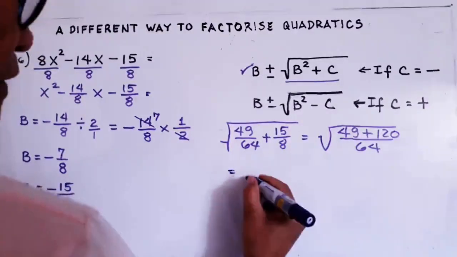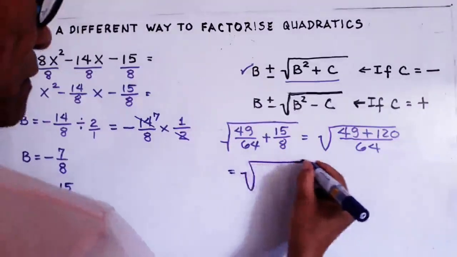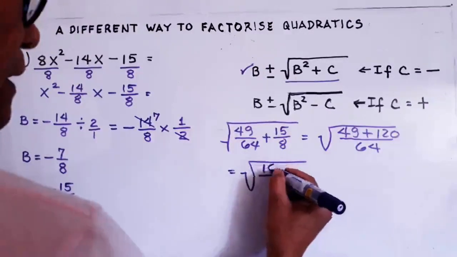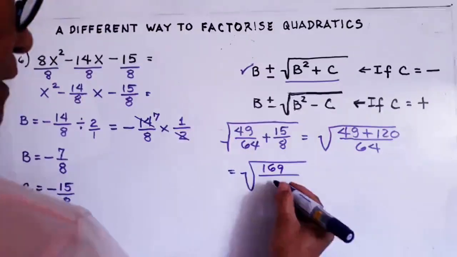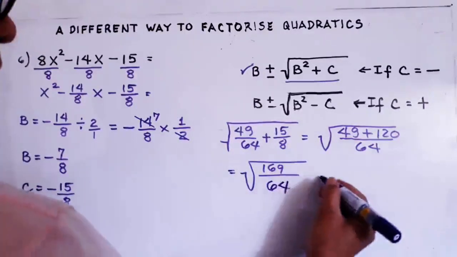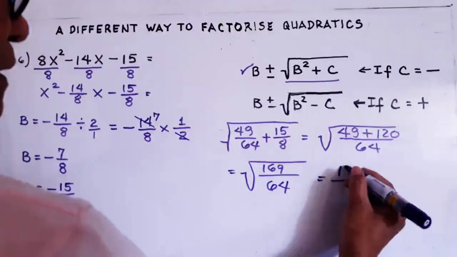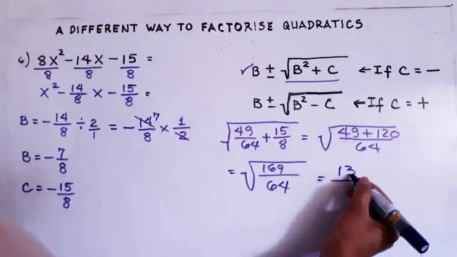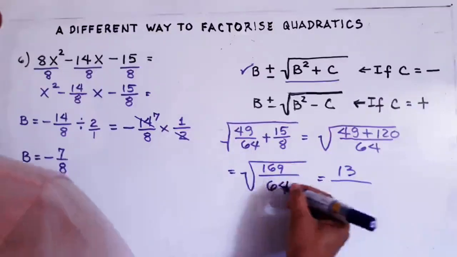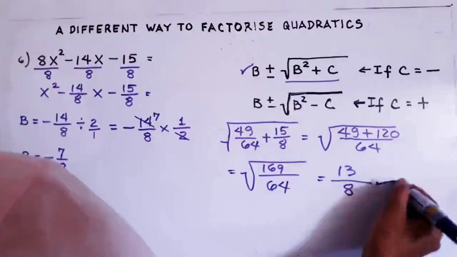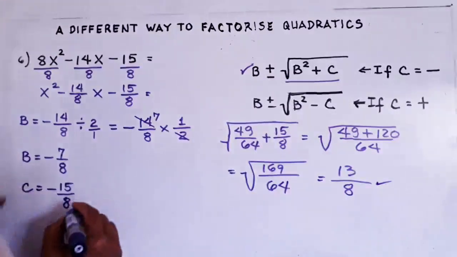So that would be equal to the square root of 169 over 64. We take the square root of 169, and that is 13, because 13 times 13 is 169, and the square root of 64 is 8.